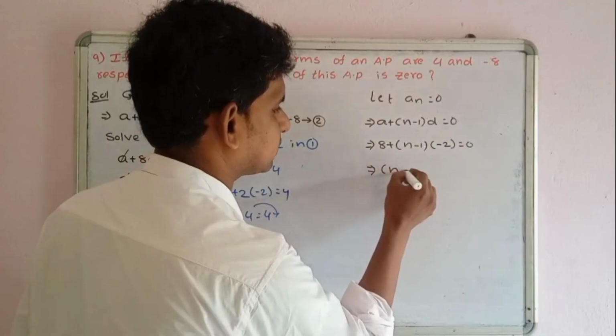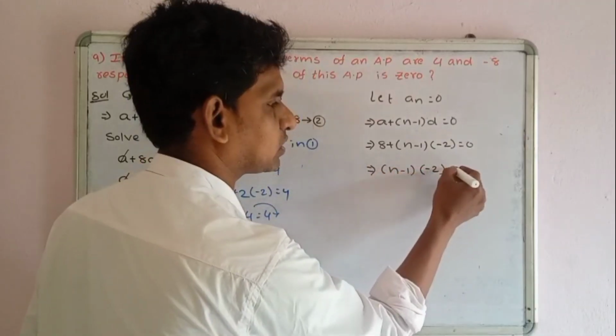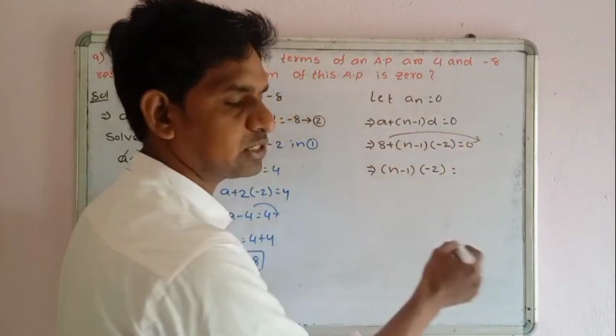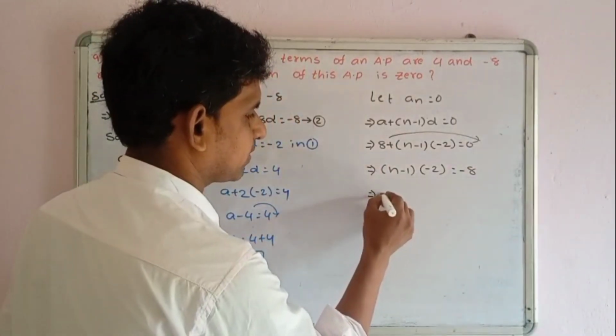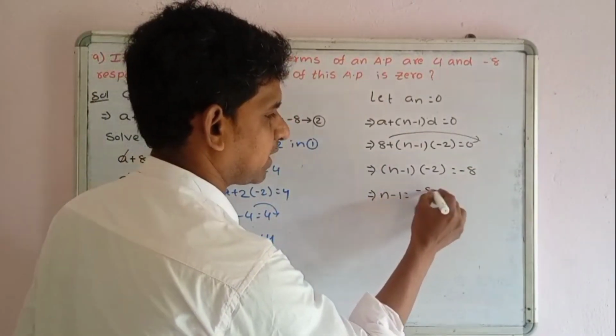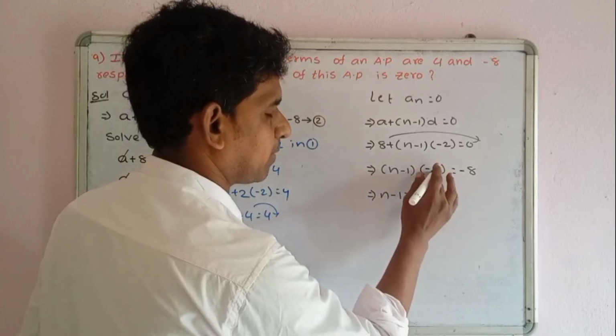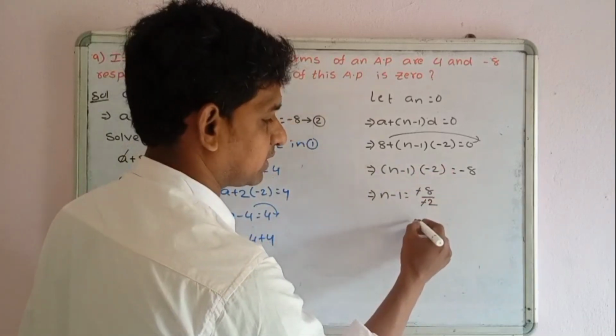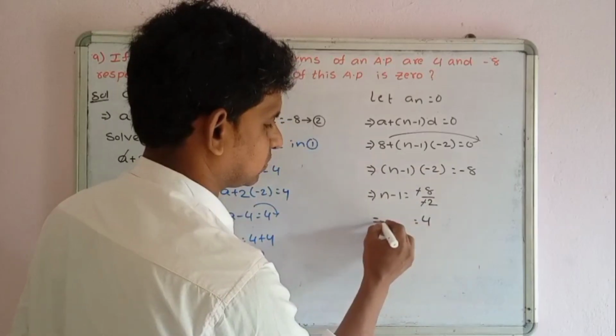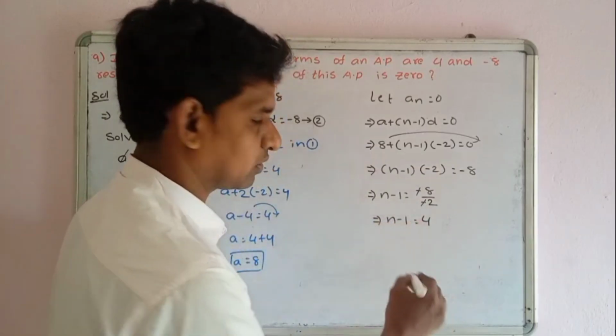So n minus 1 multiplied with minus 2. 8 transpose to the right side, 0 minus 8 is minus 8. n minus 1 into minus 2 equals minus 8. Minus 2 transpose to the right side, divided by minus 2. So 8 by 2, the minus signs cancel, 4. So n minus 1 equals 4.